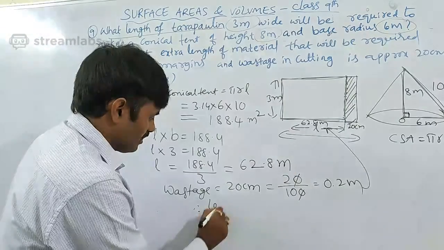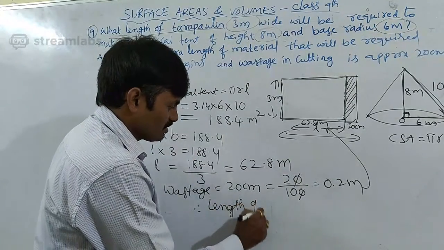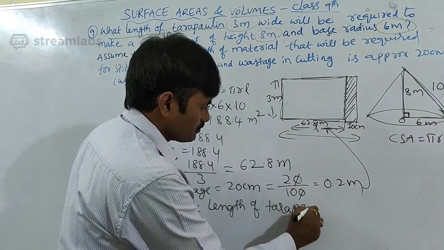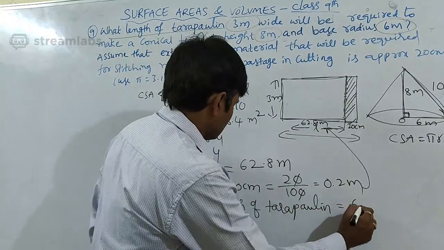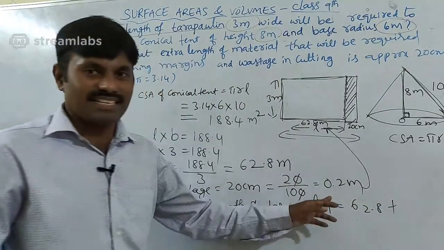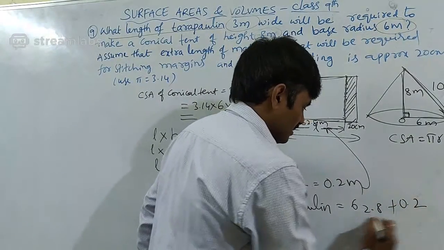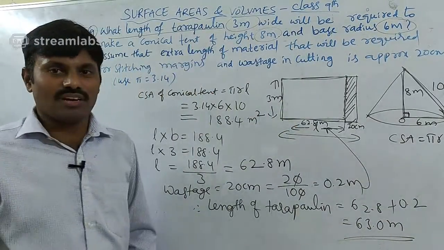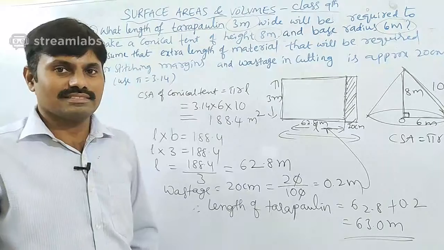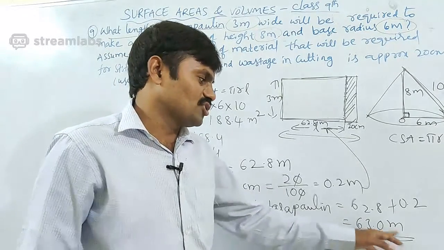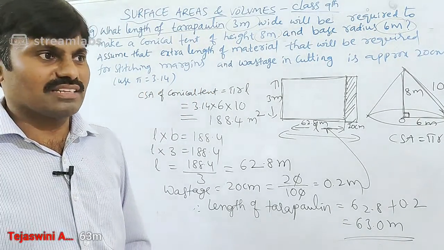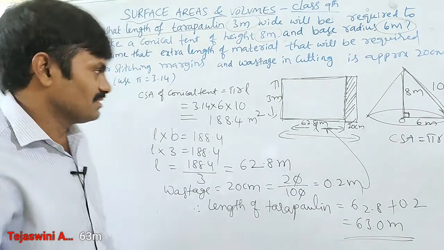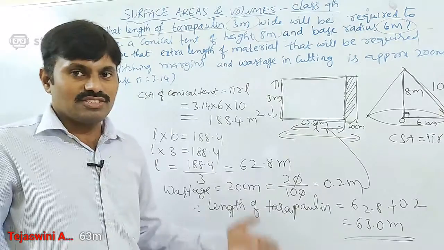So therefore the length of the tarpaulin is how much? 62.8 meters plus this wastage 0.2 meters. Total is 63.0 meters. That means 63 meters. So what is the length of the tarpaulin? 63 meters. Yes.